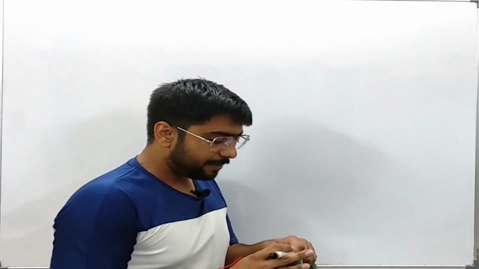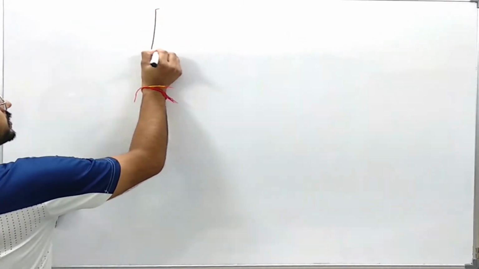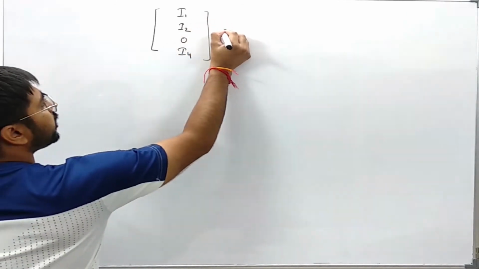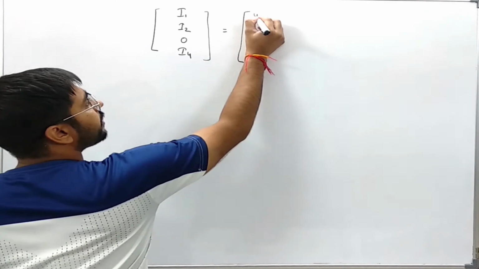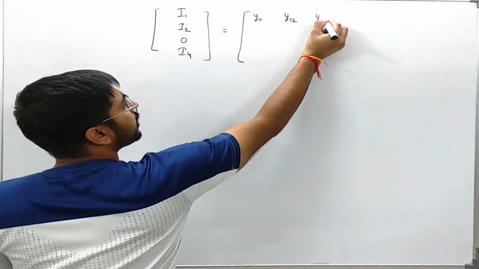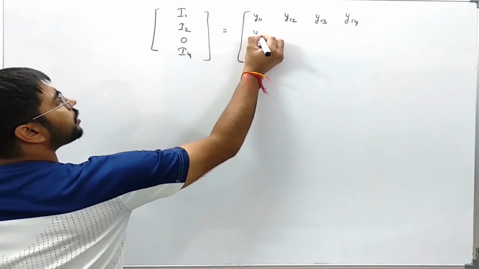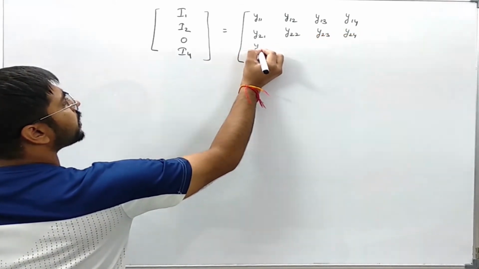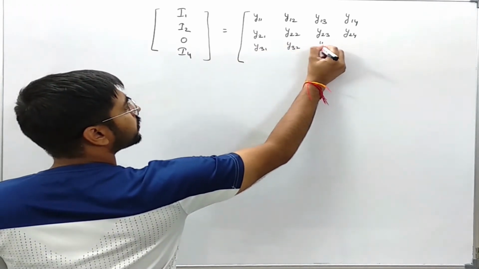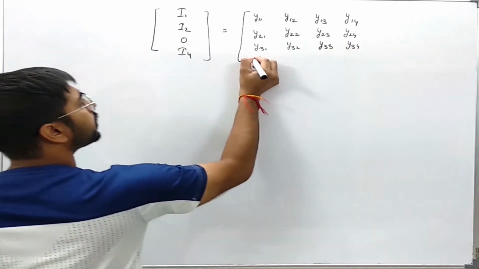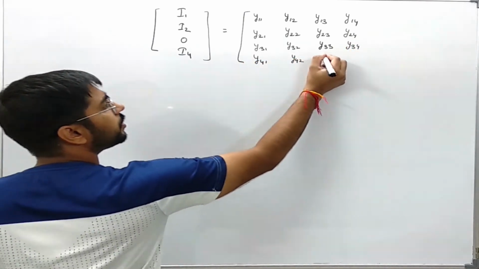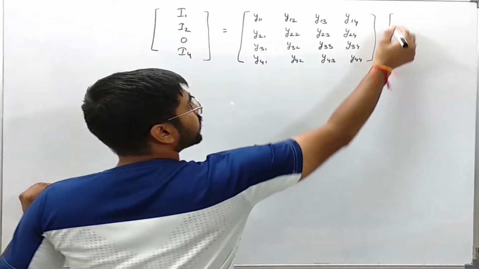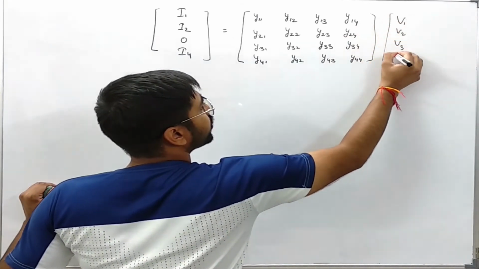So let us say that I am given a power system which is having 4 buses, I1, I2, 0, I4, and the admittance matrix is Y11, Y12, Y13, Y14, Y21, Y22, Y23, Y24, Y31, Y32, Y33, Y34, Y41, Y42, Y43, Y44, and this is the bus voltage vector V1, V2, V3, V4.